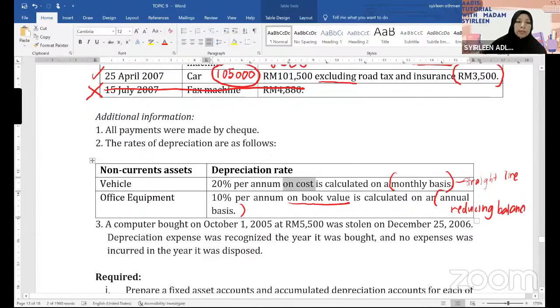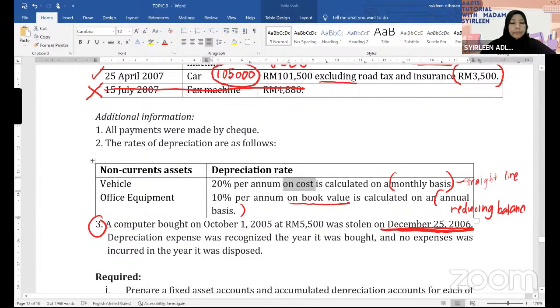Okay, and then you bought a computer on October 1st, 2005. Lepas tu during Christmas, masa jingle bell ni, komputer hilang kena curi. So consider dispose lah.